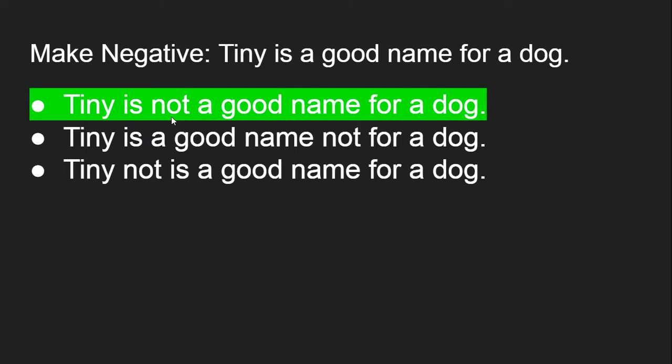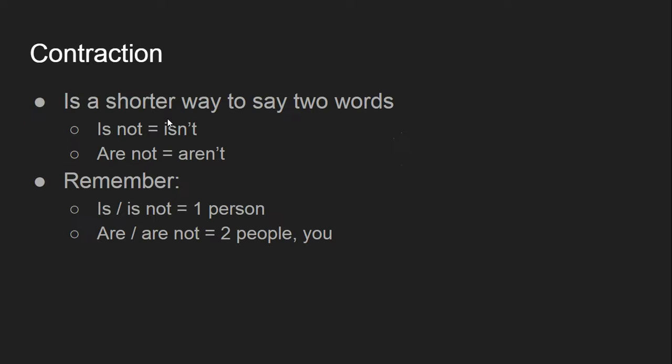first one here. As I stated before, a contraction is a way to shorten two words. We'll start with the negatives. We have is not, and to shorten that, we combine the two words and put an apostrophe instead of the O. We take the O out and put isn't.